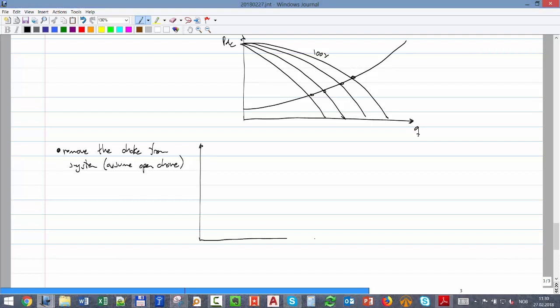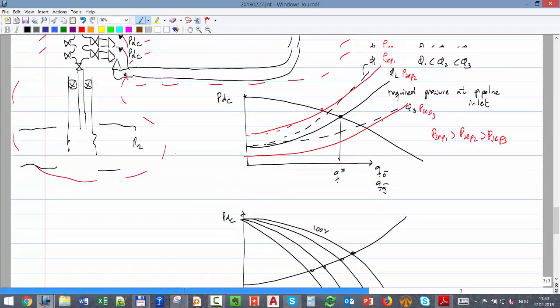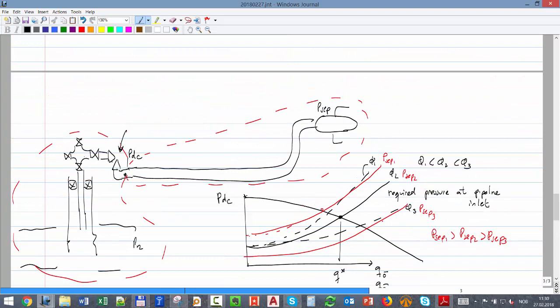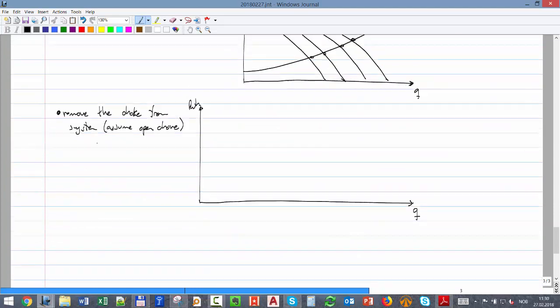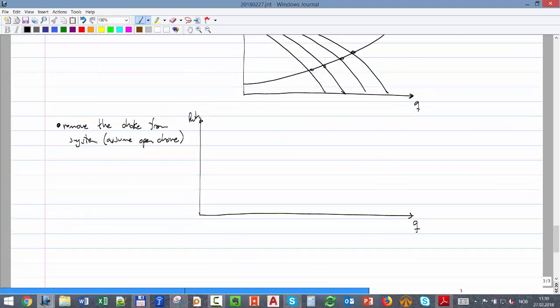And here I'm going to make a plot again of Q, and I'm going to plot first the wellhead pressure, calculated from the reservoir all the way to the wellhead. How is that curve going to look? Like that, the available pressure curve.